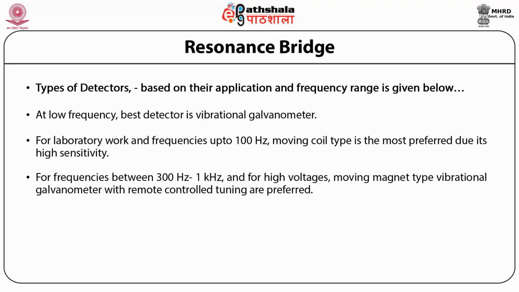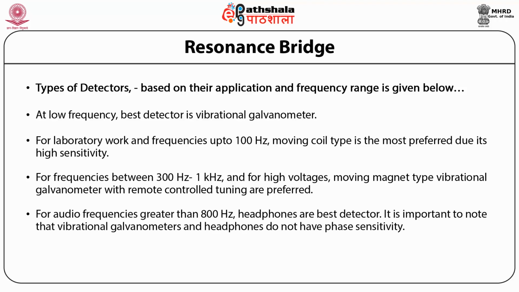For frequencies between 300 Hz to 1 kHz and for high voltages, the moving magnet type vibrational galvanometer with remote control tuning is preferred. For audio frequencies greater than 800 Hz, headphones are the best detector. It is important to note that vibrational galvanometers and headphones do not have phase sensitivity.